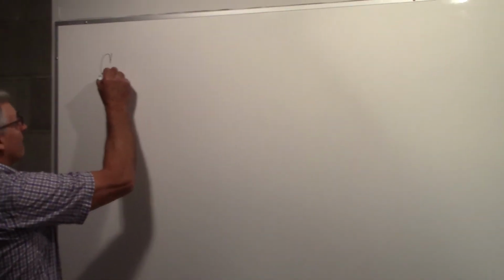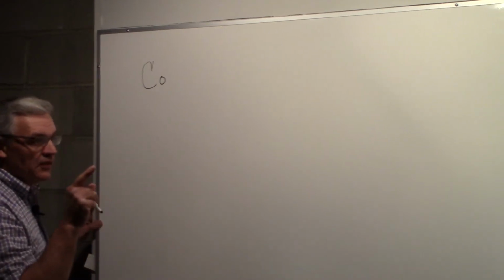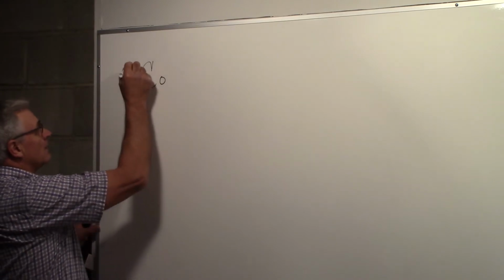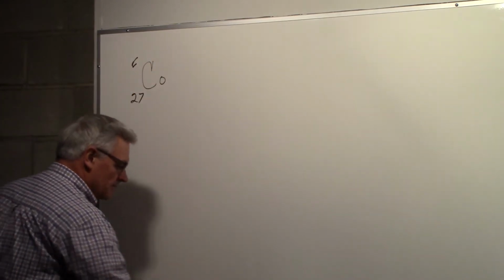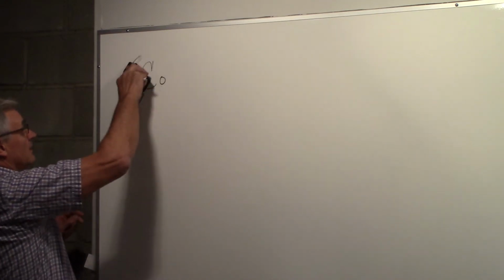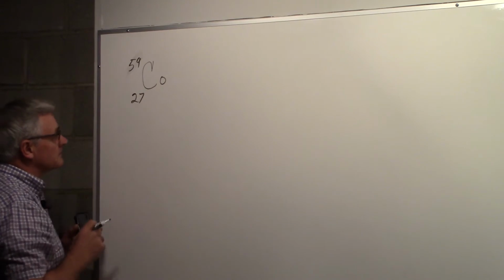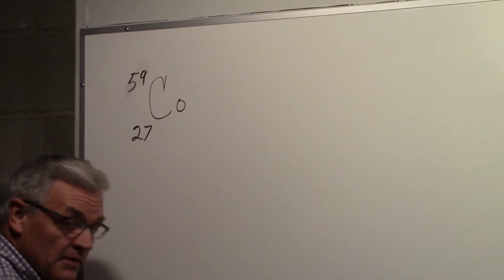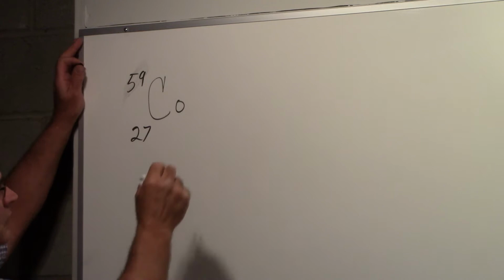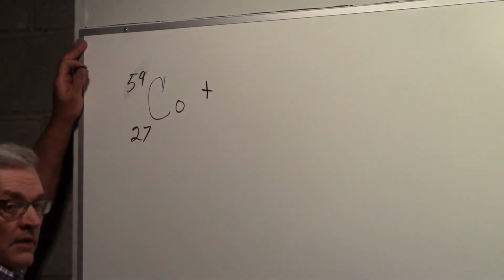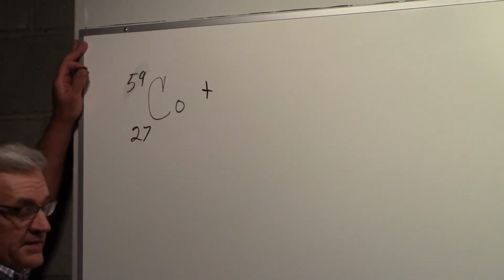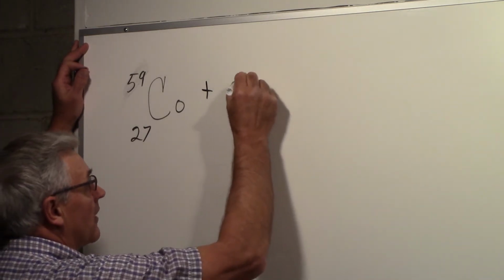So we're going to start out with cobalt. Cobalt is element 27, and the naturally occurring isotope is 59. So we have cobalt 27, 59. And what we're going to do, the details of how this is done is not important, we're going to add a neutron to it.